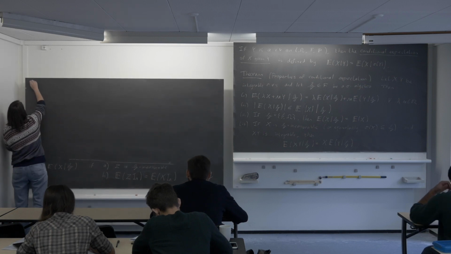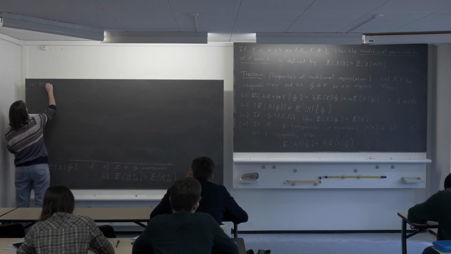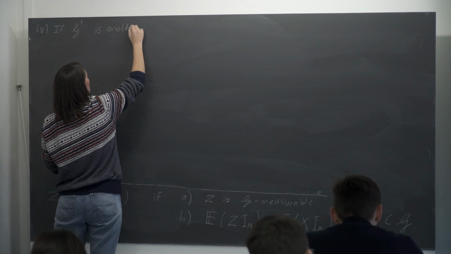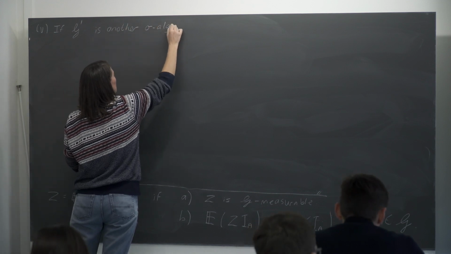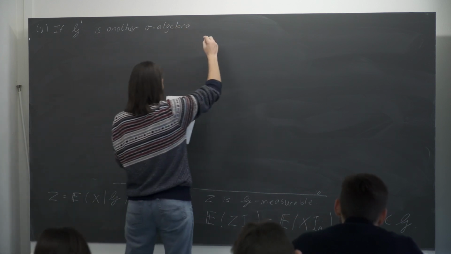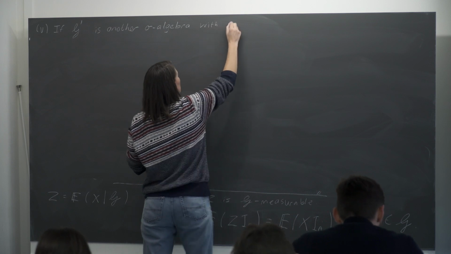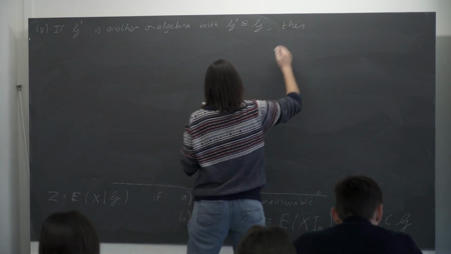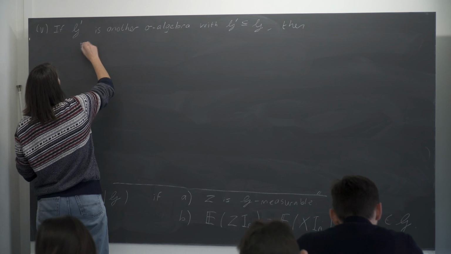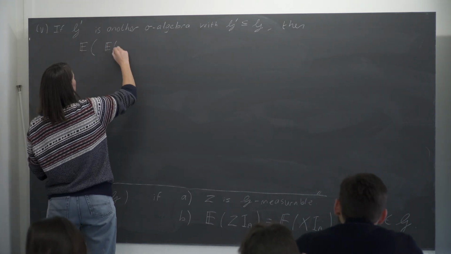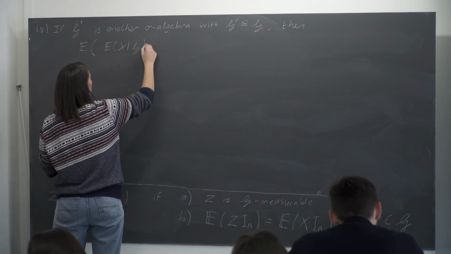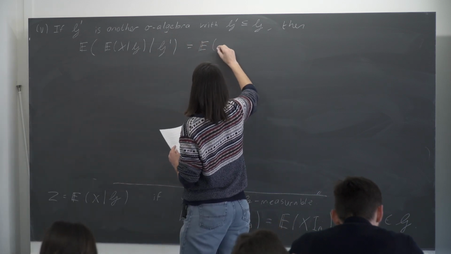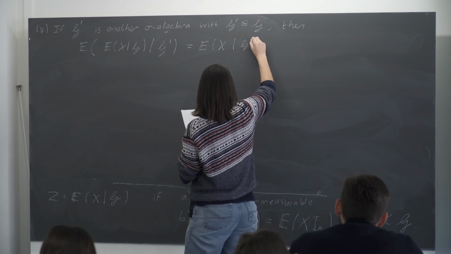Number 5 is if G prime is another sigma algebra with G prime contained in G, then we can ask about the conditional expectation of the conditional expectation of X conditioned on G, conditioned on G prime, and that's just the conditional expectation of X conditioned on G prime.